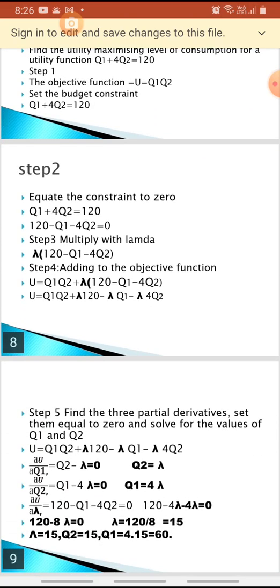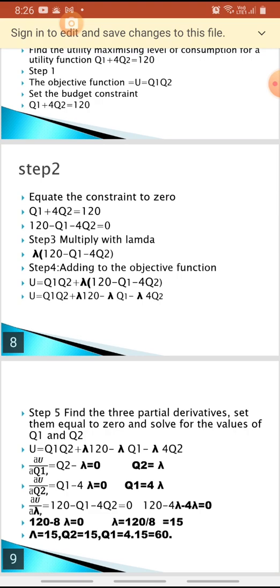Then in the fifth step, we are finding the three partial derivatives, setting them equal to 0 and solving for the values of Q1 and Q2. So the equation is U is equal to Q1 Q2 plus 120 lambda minus lambda Q1 minus 4 lambda Q2.